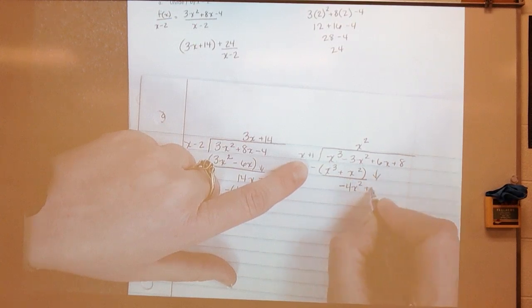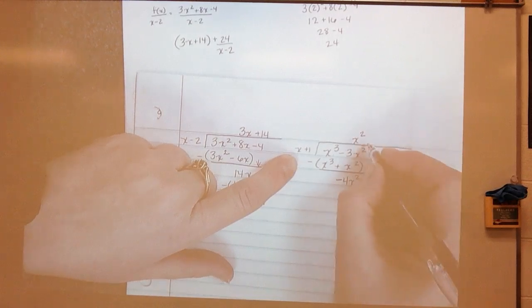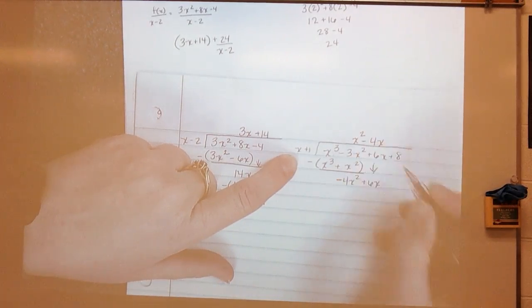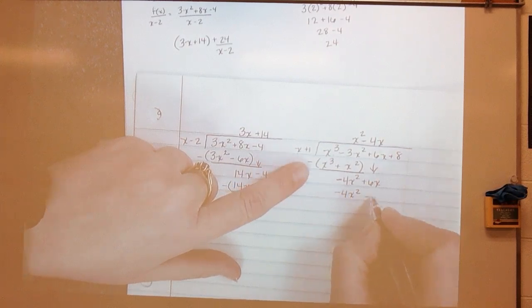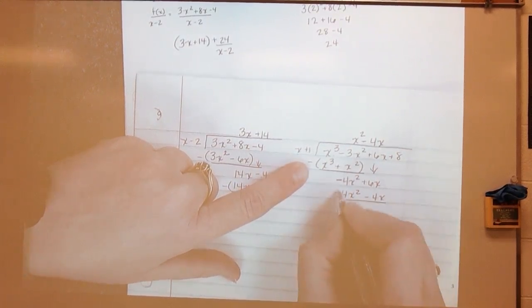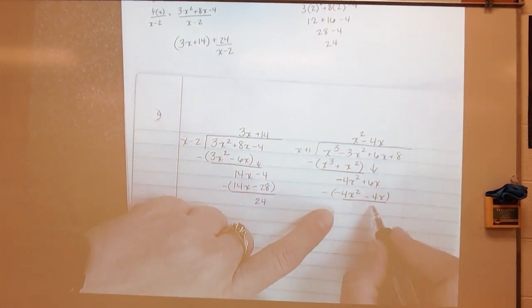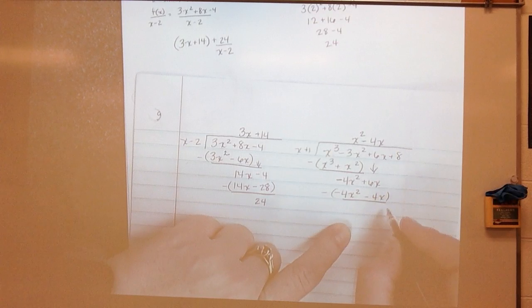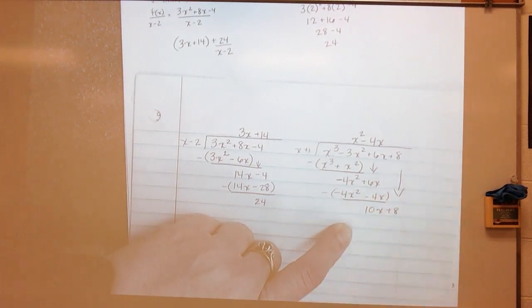Bring down my 6x. x goes into negative 4x squared negative 4x times. So that's negative 4x squared minus 4x. I'm going to subtract all of that. So I get 6 minus a negative 4 is 6 plus 4, so that's 10x. I'm going to bring down my 8.